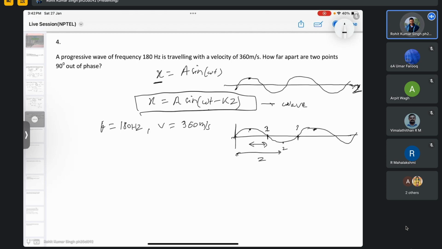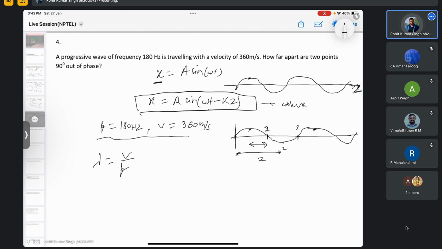This is very simple. No? Okay, let me tell you. So we can find wavelength using these two quantities, because wavelength is given by velocity by frequency, right?